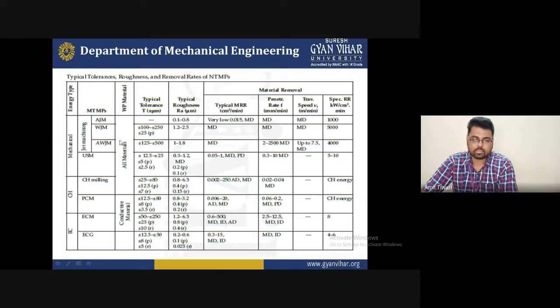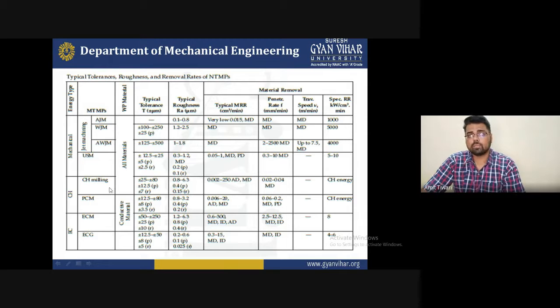With increasing surface quality, we can increase the metal removal rate, and for that particular area we identify which machining will produce a fine finish and be appropriate for that particular product.